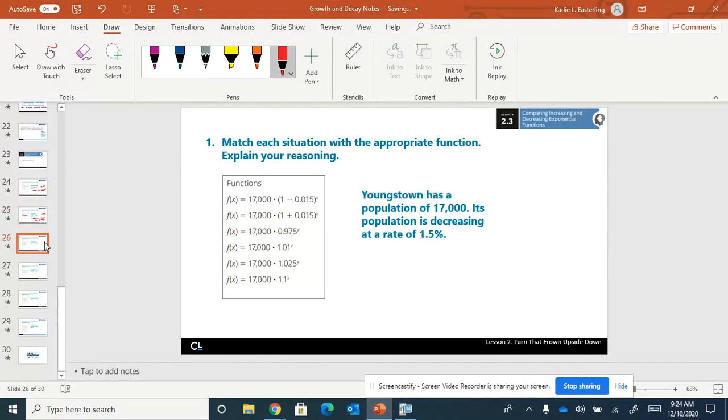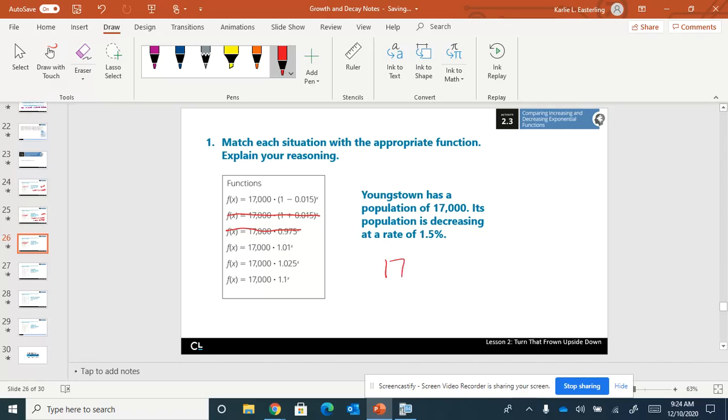All right, so let's go ahead and look at Youngstown. I'm going to let you all go ahead and write this for Youngstown. Just remember, you're given your rate here, and we are decreasing. And we know that we are not going to be that plus or that 0.975.